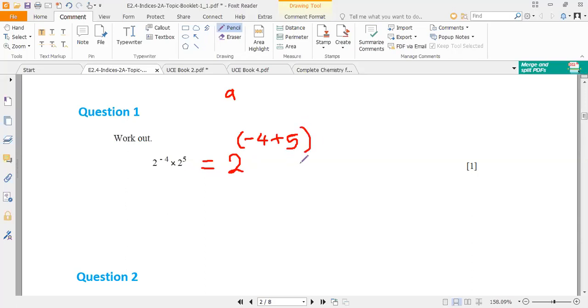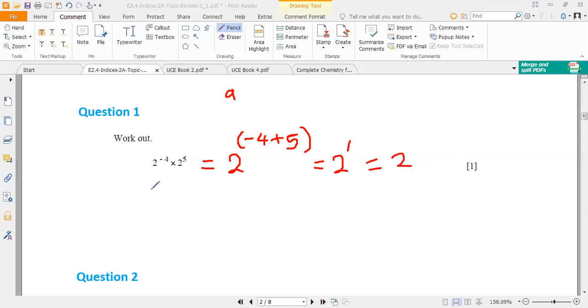Negative 4 plus 5 will give us 1. So it is 2 power 1, which is the same as 2. So here we've used the laws of indices.